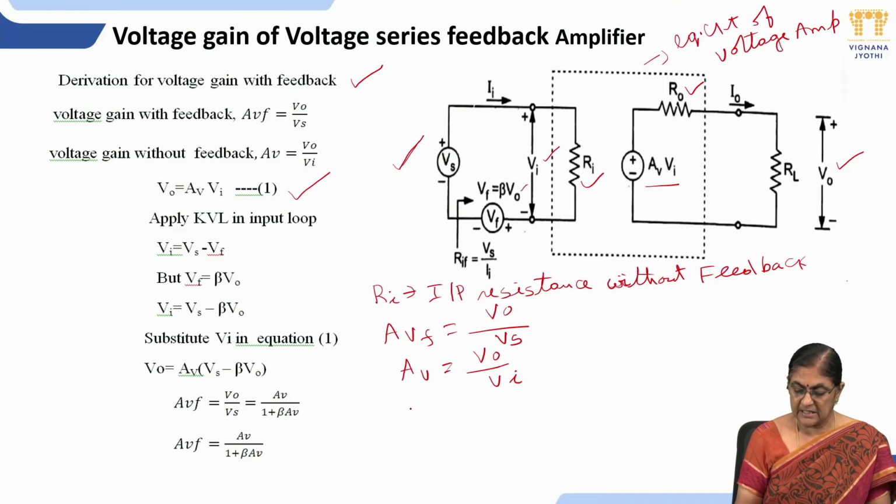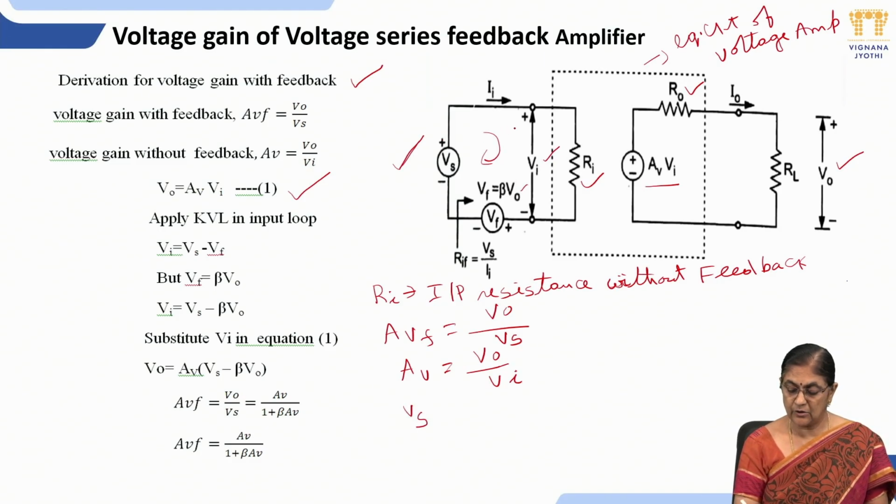So what did you get? Vs, by applying KVL in clockwise direction. This is from negative to positive, negative to positive, you can consider as positive. And to apply KVL in clockwise direction, Vi polarity is traversing from positive to negative.